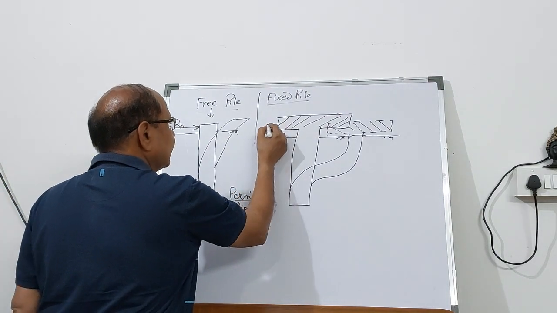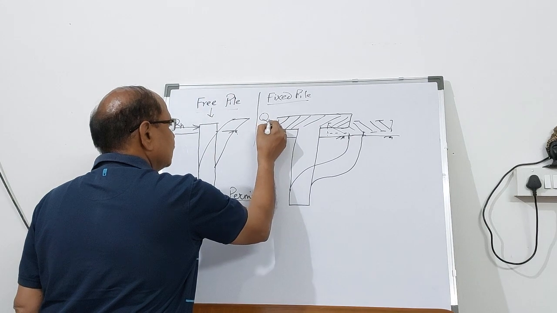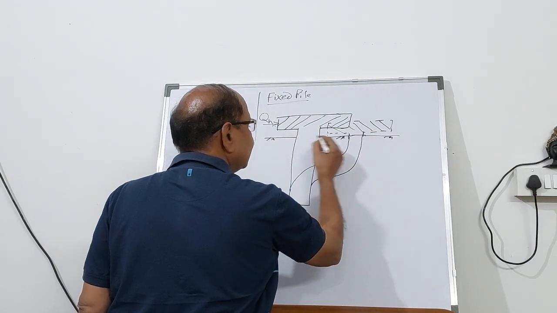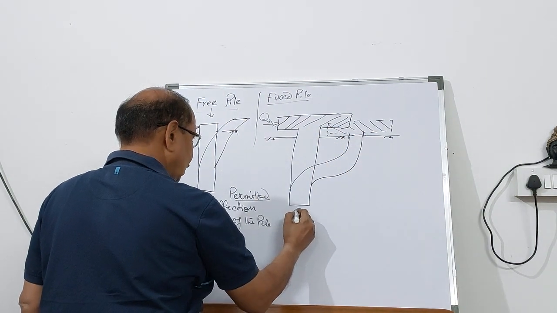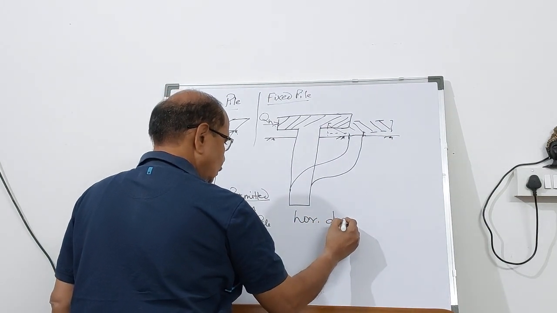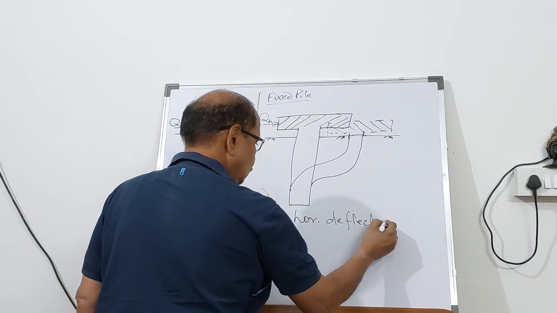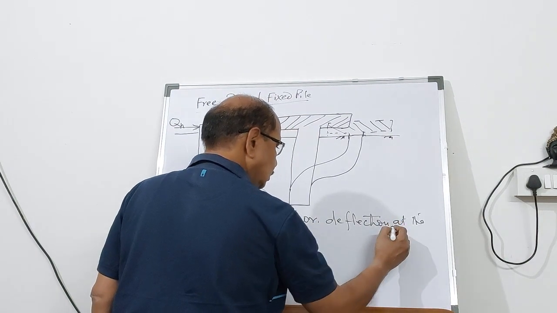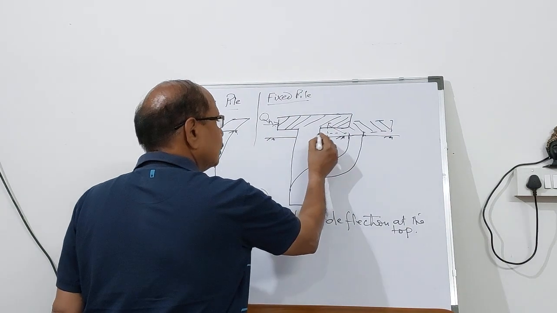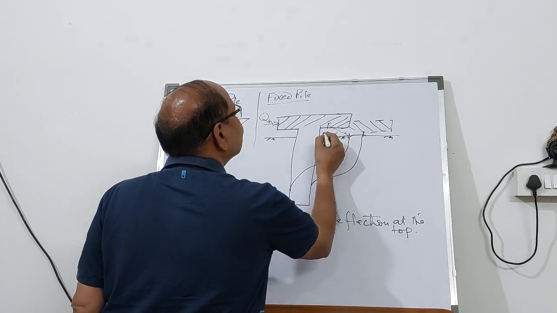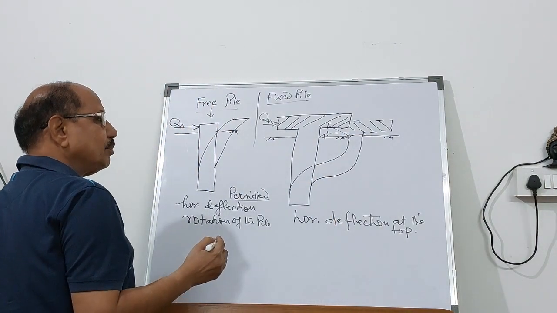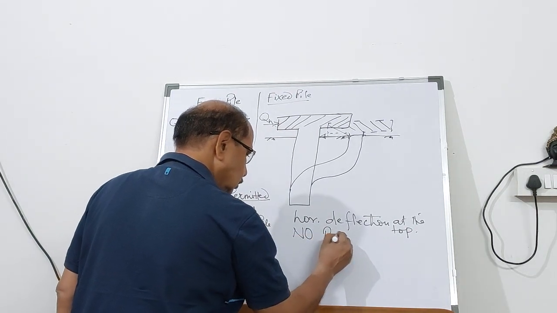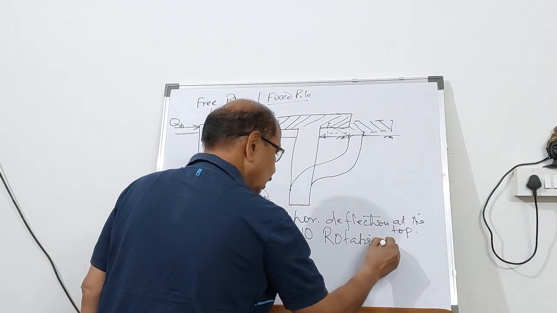But here, when you apply the lateral force, only horizontal deflection is permitted at the top, so you can see here there is only horizontal displacement of the pile top, but no rotation at the top.